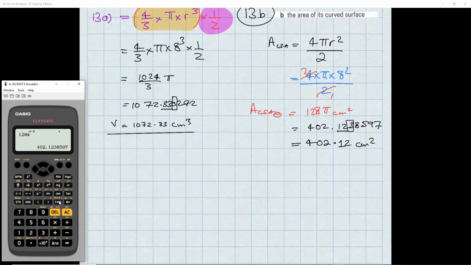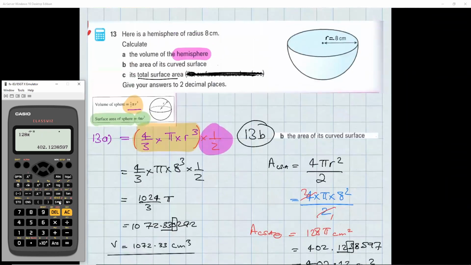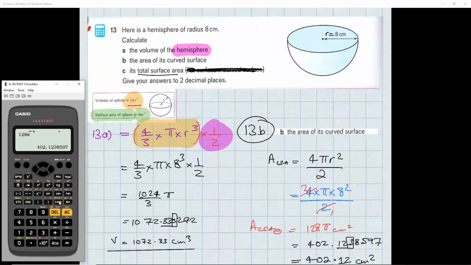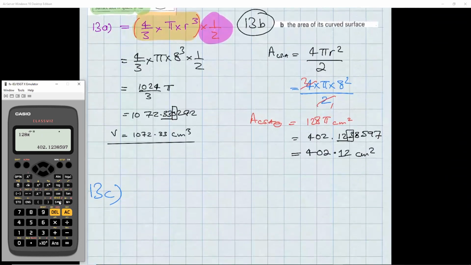Okay. Let's go to Inaya. Give me the idea, Inaya, for the total surface area of the shape. Can you hear me, Inaya? Yeah. Go on. 4 pi r squared. Okay, right.